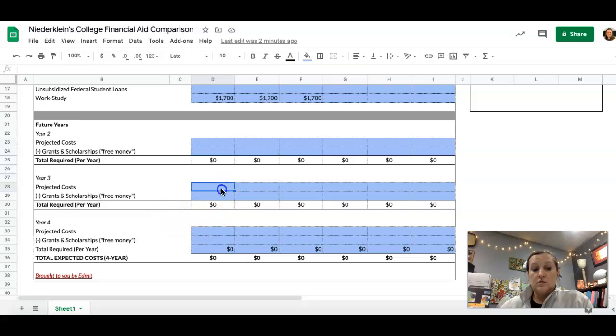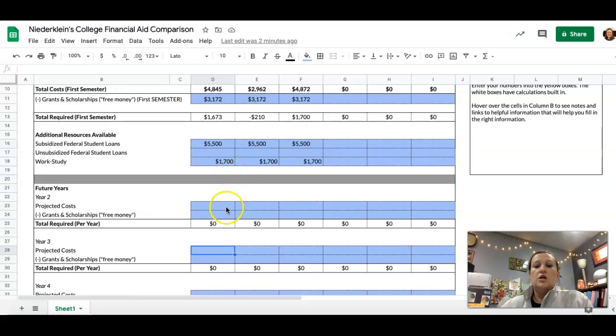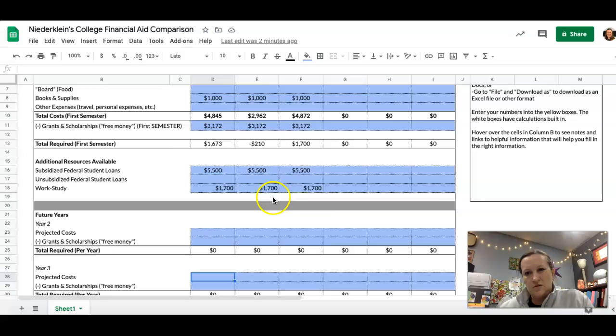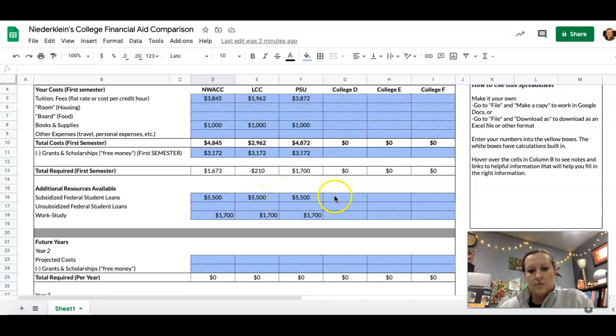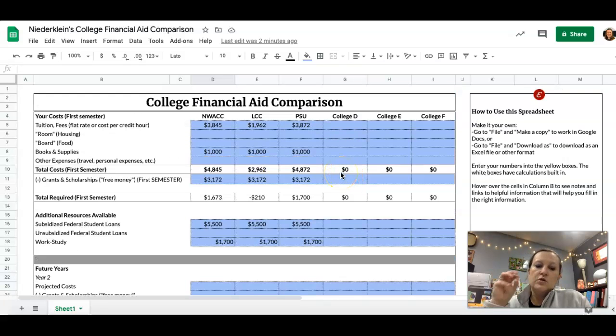One thing to know, tuition rates change, costs change, and scholarship and grant amounts change. So it's going to be a little bit more difficult to get the full year. But this gives you a good baseline so that you can see those numbers. Naturally, your housing and food is going to be dependent upon where you live.